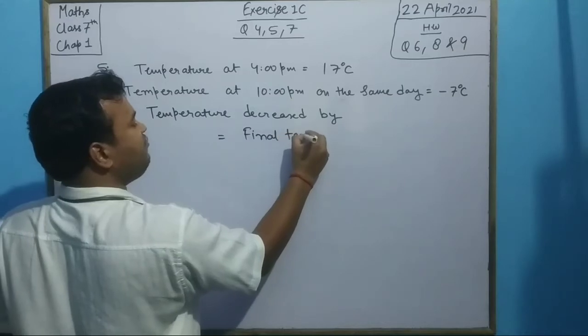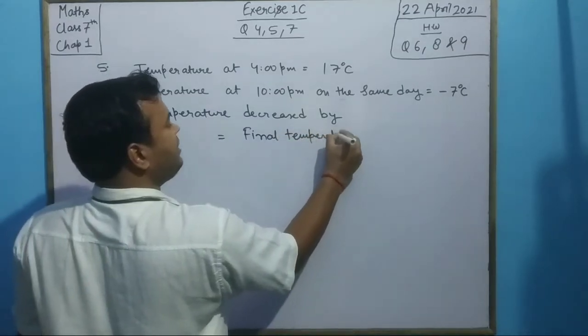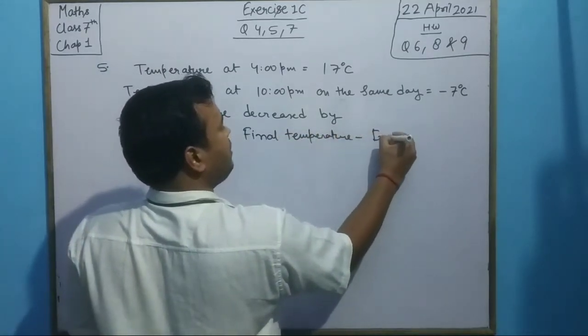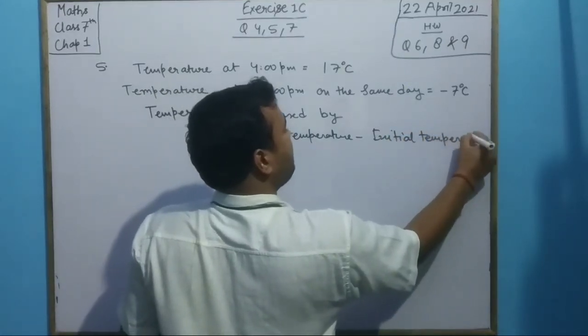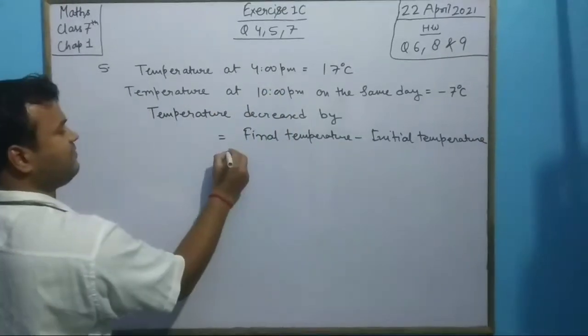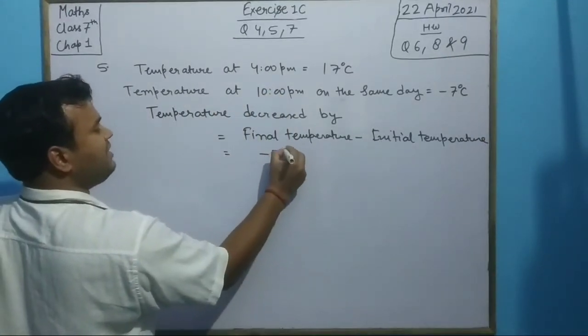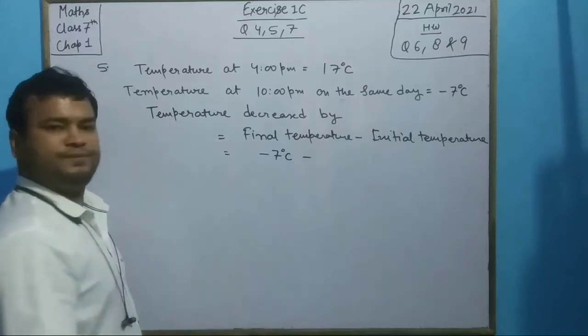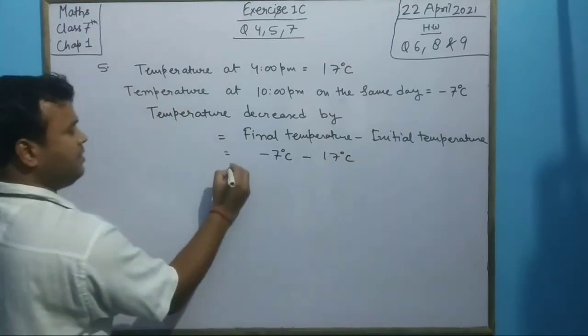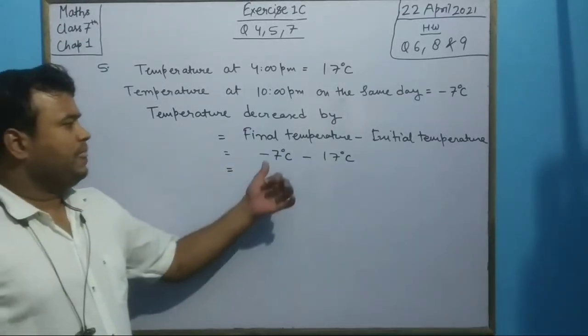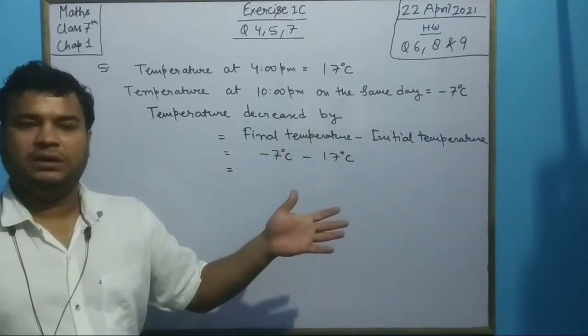Final temperature minus initial temperature. Okay, final temperature minus initial temperature. What is that? Final is minus 7 degrees Celsius, minus initial is 17 degrees Celsius. Okay, minus 7 minus 17.